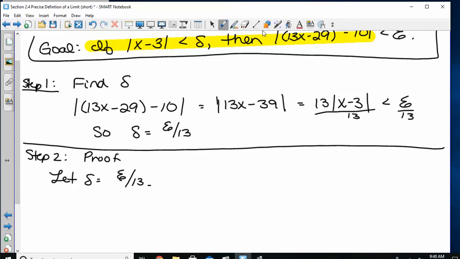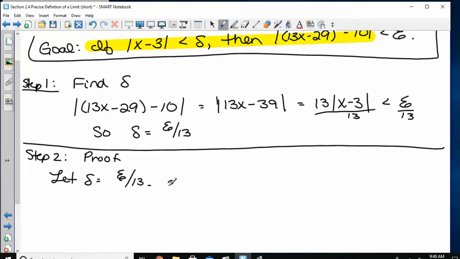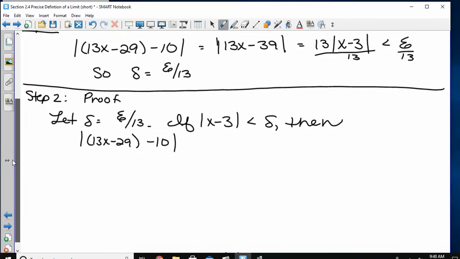And our work will have to get the less than and the epsilon. So if the absolute value of x minus 3 is less than delta, then the absolute value of 13x minus 29 minus 10, and we have to work this until we get the less than and the epsilon.